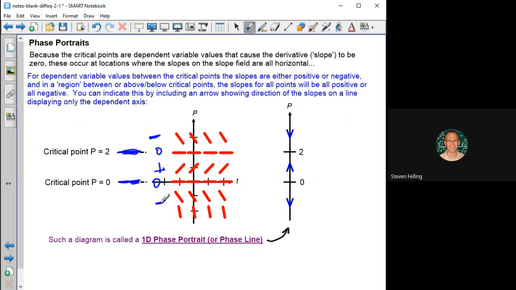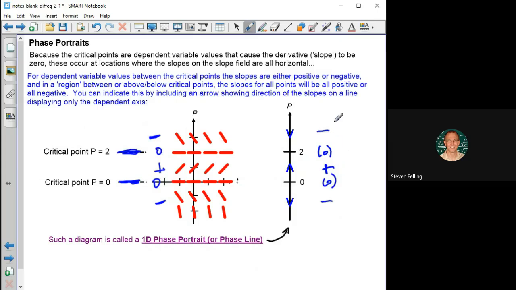All the slopes are negative down here, for different p-values, different negative values, but there are no positives until we encounter another critical point. So the critical points divide the dependent variable into regions where the slope goes from negative to positive to negative. Not necessarily that, but it can only change at these places. The slope is 0 right at the critical points.